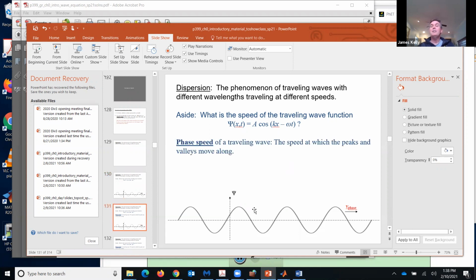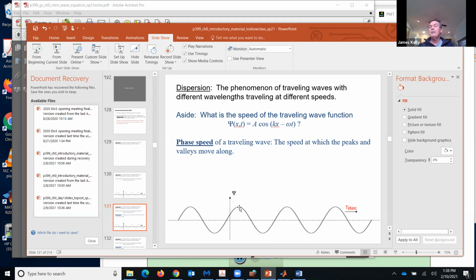The phase speed means the speed at which these peaks and troughs are moving to the right or to the left. Here I'm imagining it's moving to the right. And the idea is, well, it's not as obvious in terms of K and omega, but if I talk in terms of wavelengths and period of the wave, doesn't it have to be true that if I wait one period, then this peak will move exactly over to where this peak was, right?